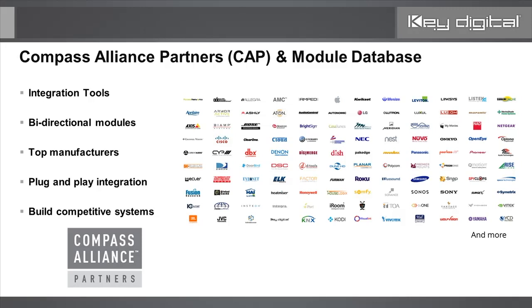We have bidirectional control modules, all viewable on KeyDigital's website for you already. Just go to the Compass Control section of our website under the products, and you'll see bidirectional modules listing. You could see images of these modules, and you could even see YouTube videos of these modules in action.